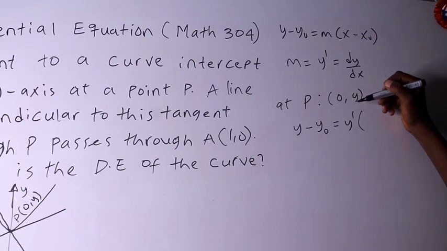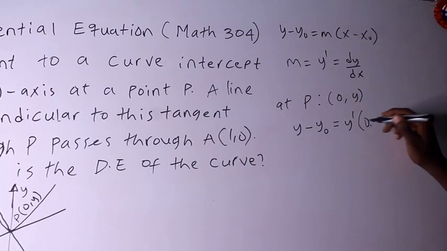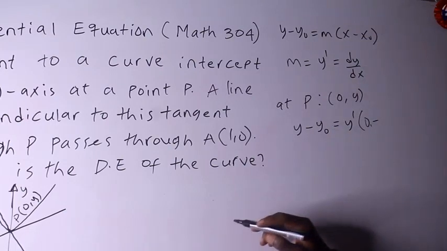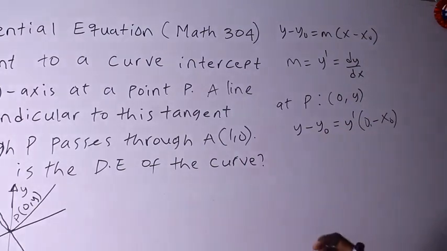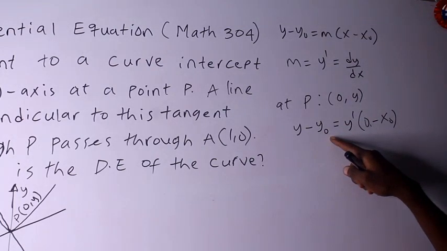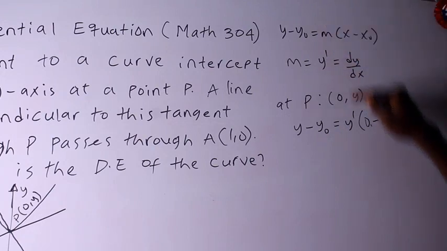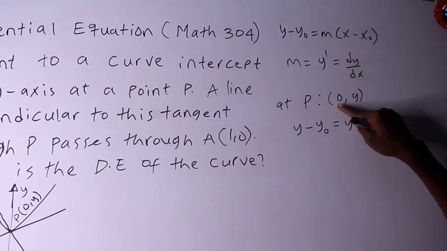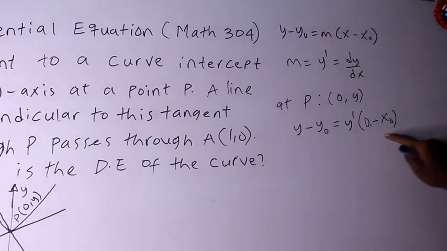At this point x is 0, so it's 0 minus x naught. What is x naught? X naught is just x naught.